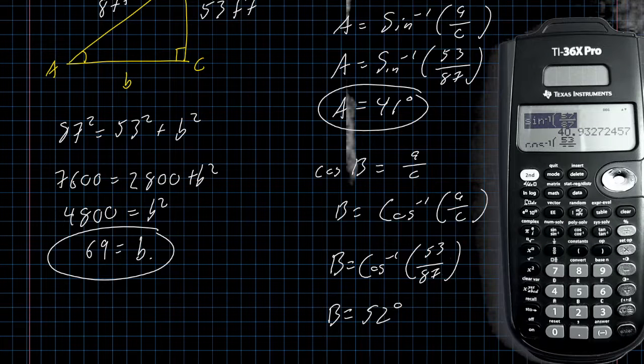And I did go back and double check my work and realized that I typed it into my calculator wrong. I accidentally typed up here 57 over 87 instead of 53 over 87.